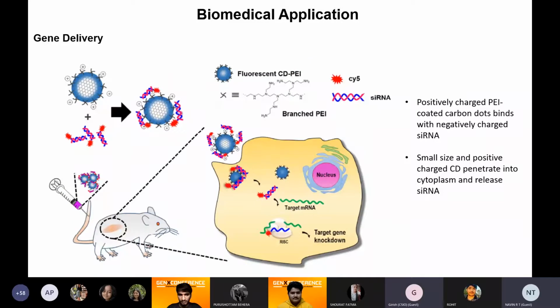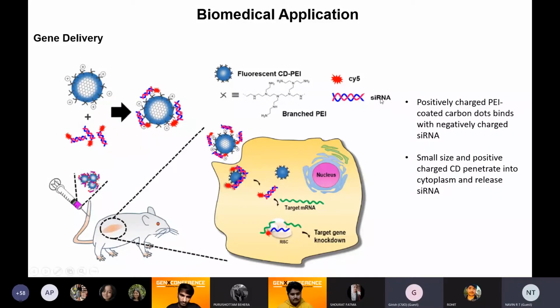The carbon dots, as I have previously given an example, if a carbon dot is PEI covered, that is, covered with a positively charged polyethylene polymer, it is able to translocate through the plasma membrane into the cell cytoplasm. And since it is positively charged, it could take up several DNA or RNA. In this case, it was siRNA, small interfering RNA, that they utilized.